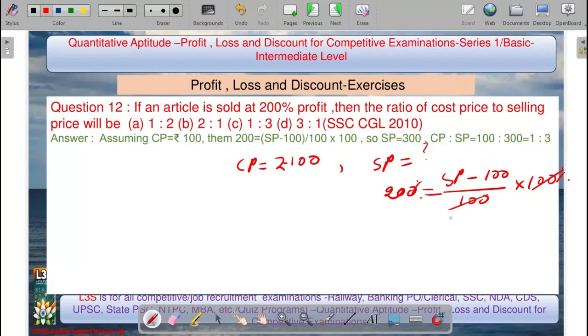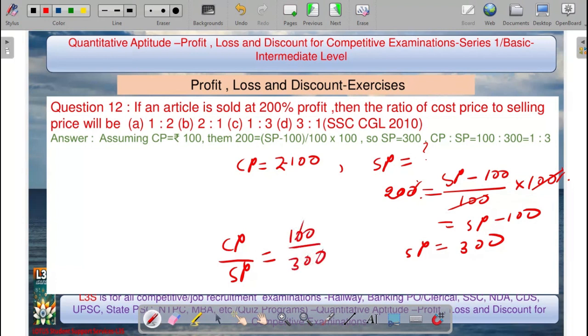So this will be cancelled, and 200 is equal to SP minus 100. So SP will be equal to 300. So when CP is 100, SP will be 300. Now the ratio of CP to SP will be 100 by 300, 1 is to 3. So the correct answer will be 1 is to 3.